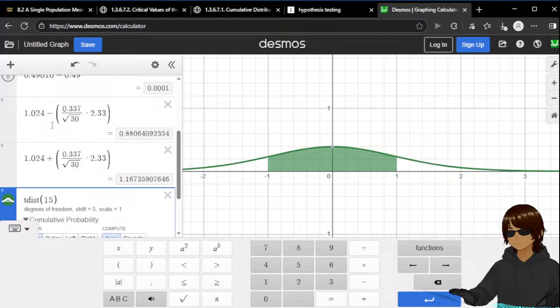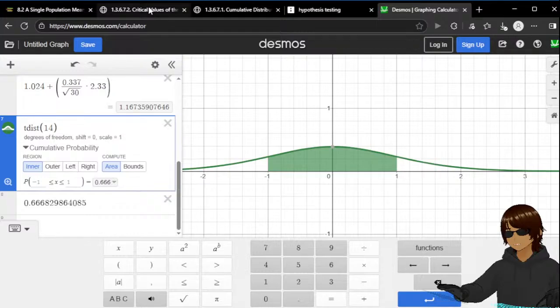It's degrees of freedom minus 1. 14. 14 degrees of freedom.